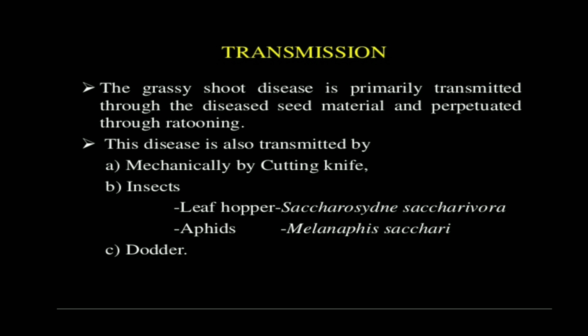This disease is also transmitted mechanically, by cutting knife. If the cutting knife carries such bacteria, that is mycoplasma, then the plant will also be infected mechanically. Or some insects, that is the leafhopper, or aphids, act as vectors, right?